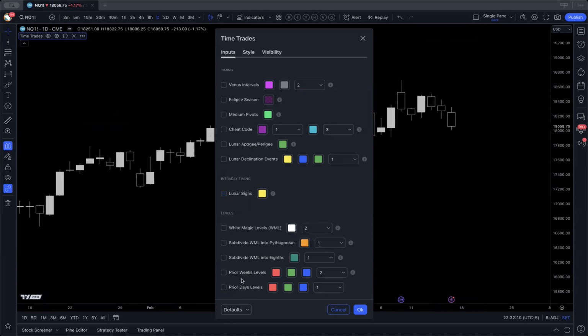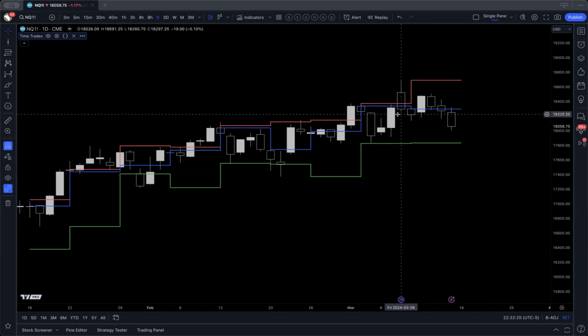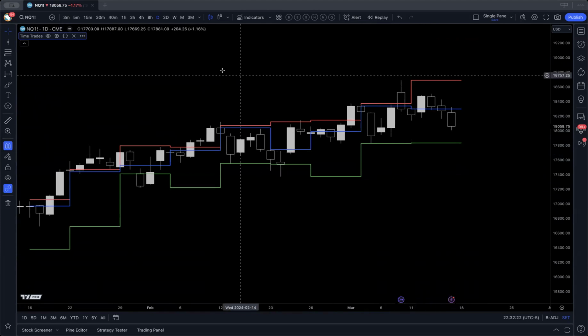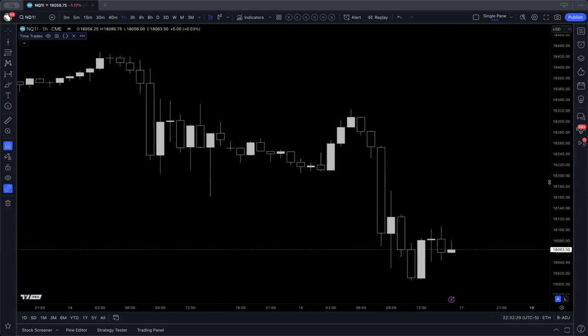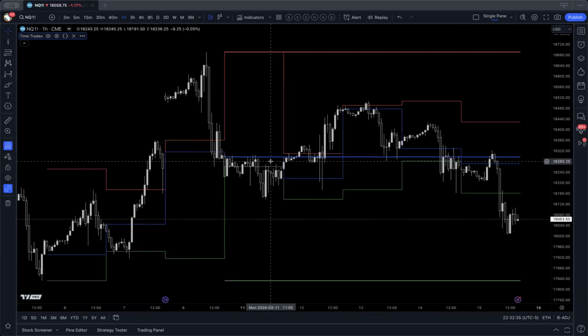Let's take a look at the last two items here, prior week levels and prior day levels. So this is just a pure price action indicator, and all I'm doing with these is carrying forward. Actually, let's go to an intraday time frame. Let's go to 1 hour. All we're doing with these is carrying forward the prior day's high, low, and close.